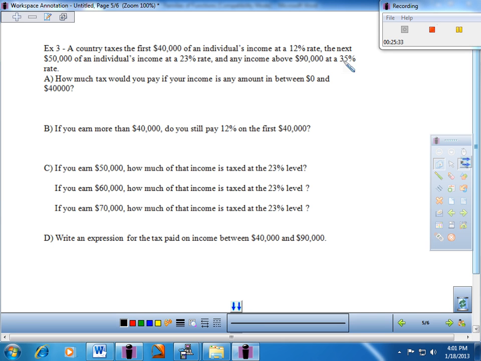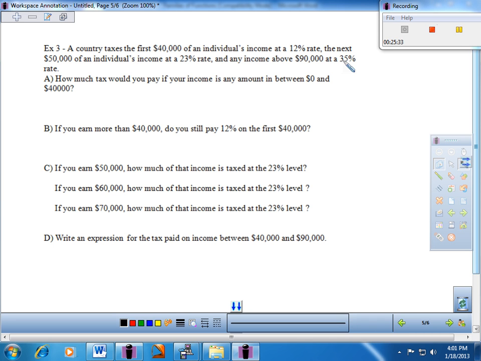What we're going to do is write a function to calculate the tax for anybody's income, no matter how much they might make. You're coming up with an algebraic rule in order to pull it off.